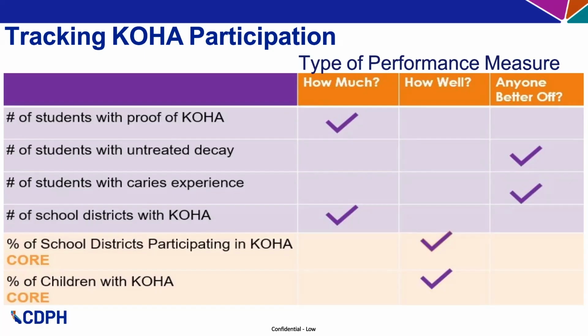So how much will be explaining to us the scale of the program, the how well would be giving us an idea of the effectiveness of the program implementation, and anyone better off would give us an idea about obviously the impact of all those efforts on oral health of kindergarten children. So next slide, please.